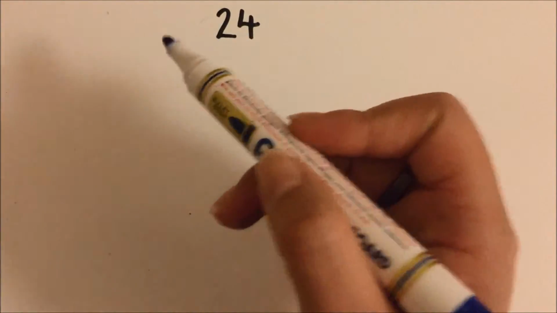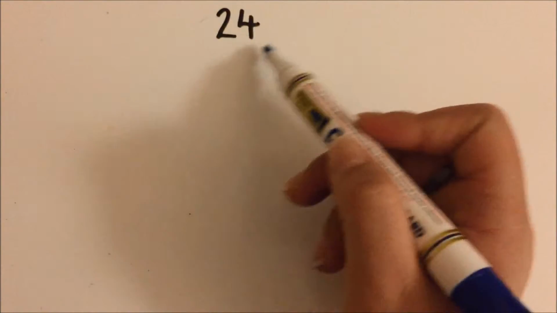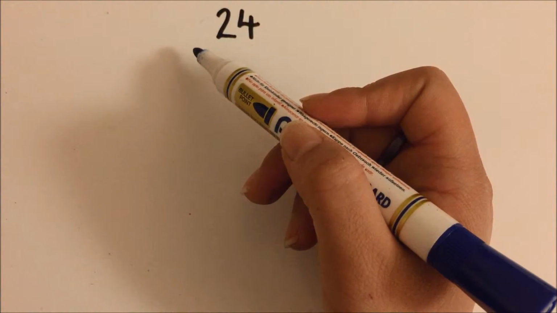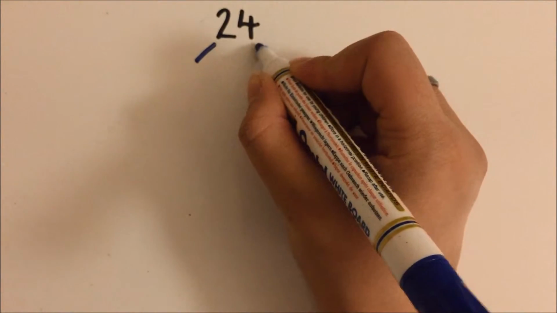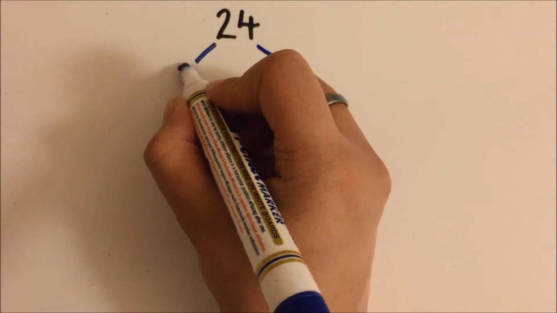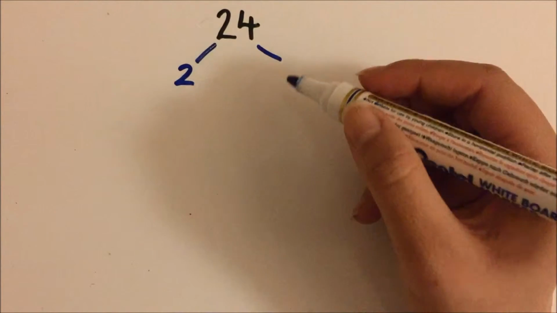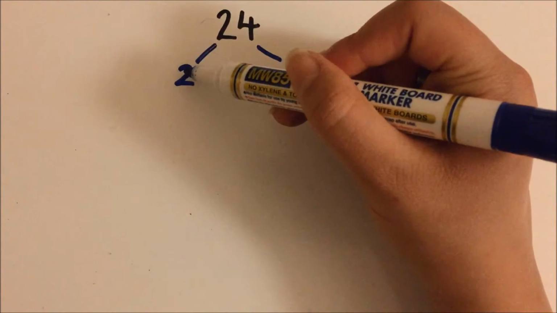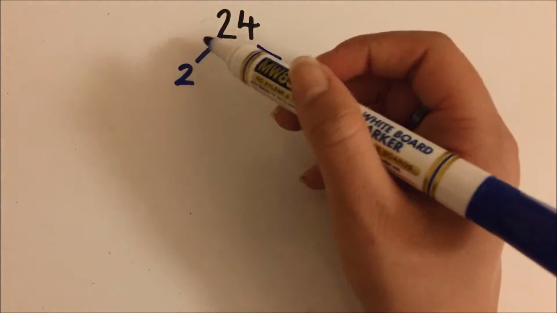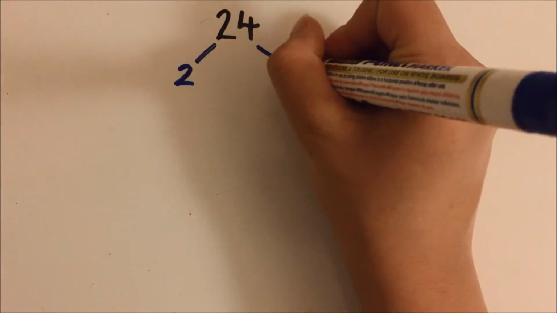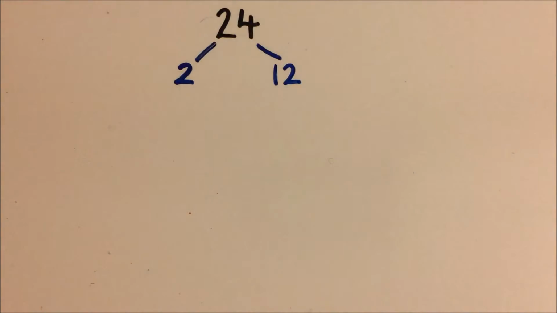So all that really means is take the number 24, find the smallest prime number. So the smallest prime number in this case is going to be 2. And you say, what do you multiply 2 by to get 24? So you do 2 times 12 to get you 24.